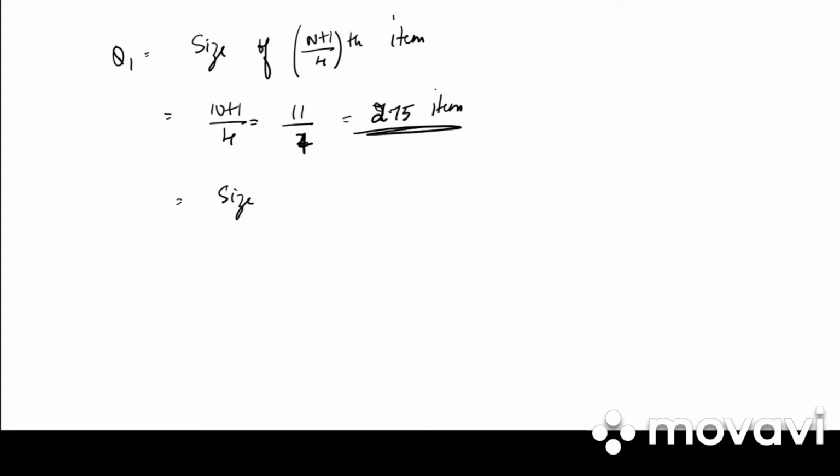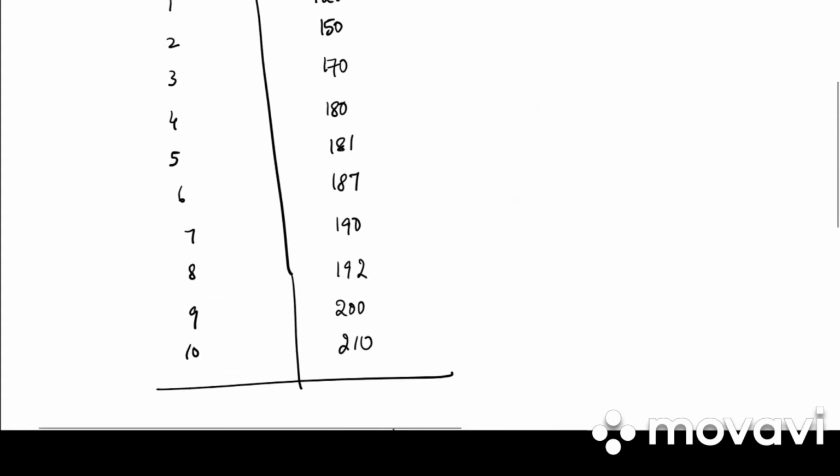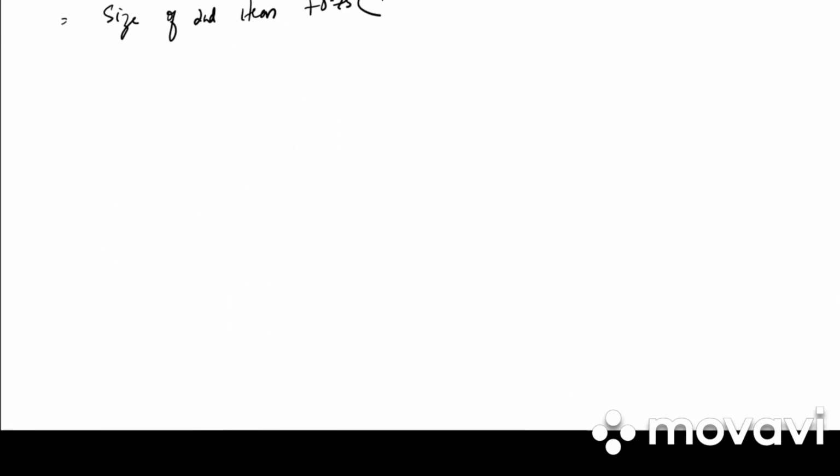So it is size of second item plus 0.75 into size of third item minus size of second item.